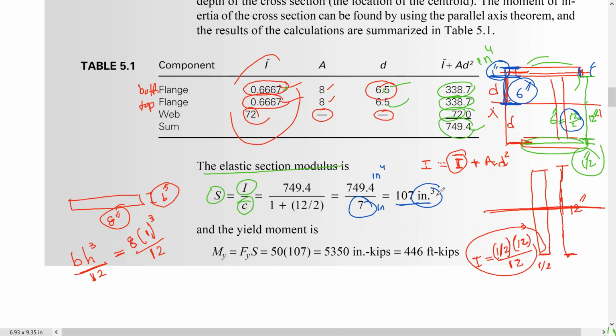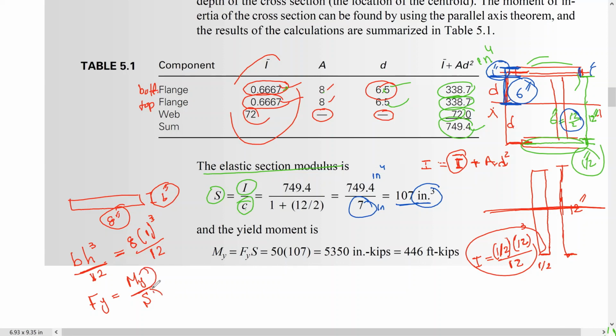For the yielding, or the yield moment, the yield stress is equal to M sub y dividing by S. Let me make it nicer. So how to find this?